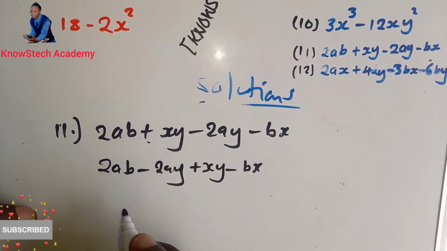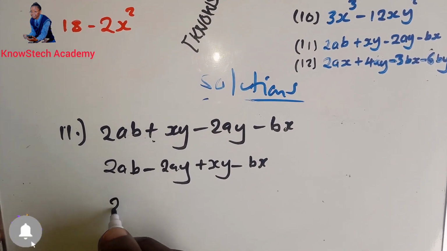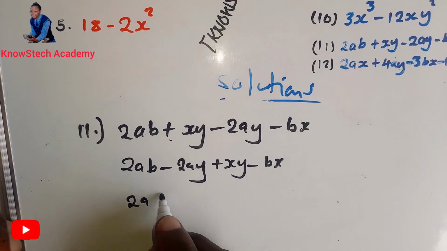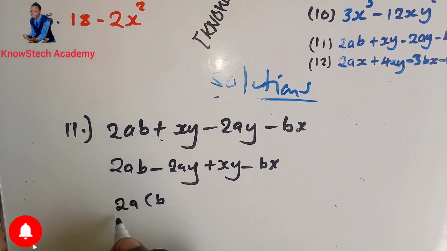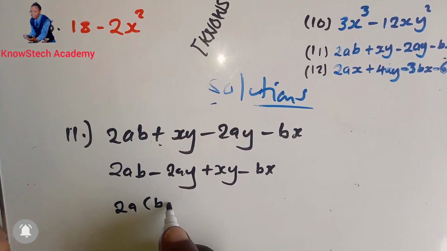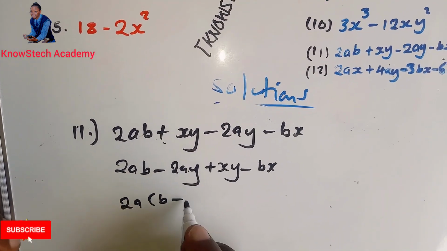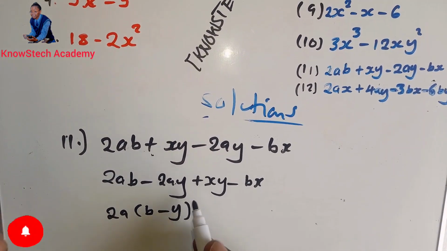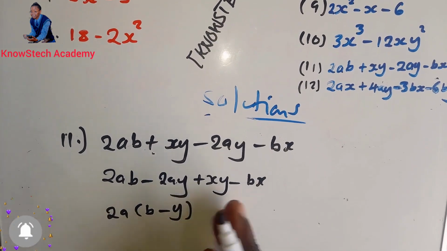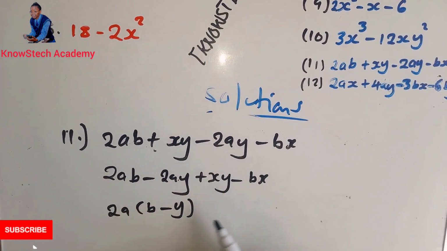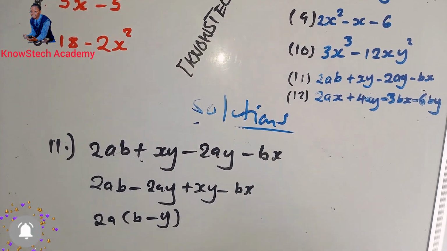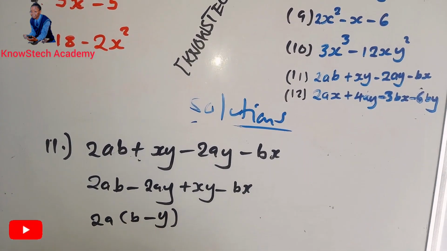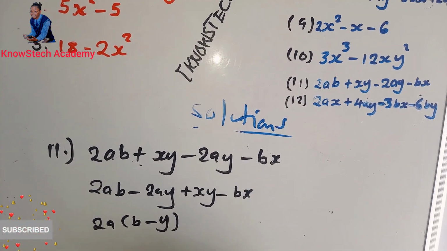Common terms here, or common variables or numbers, we have 2 and a, which is 2a. 2a into 2ab will just remain with b, because this and this will cancel, remain with b, minus 2a and this 2a will cancel, remain with y. So remember, whatever we're going to do this side, we're going to factorize this side. In brackets, we should find b minus y, or anything similar.